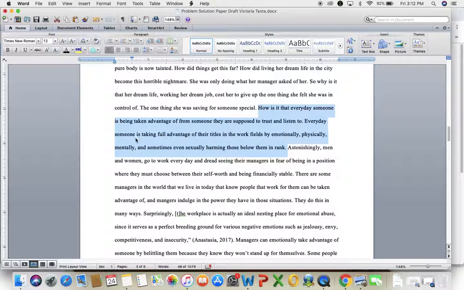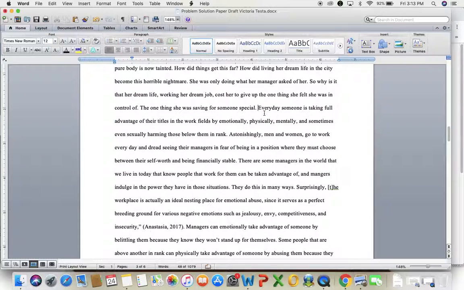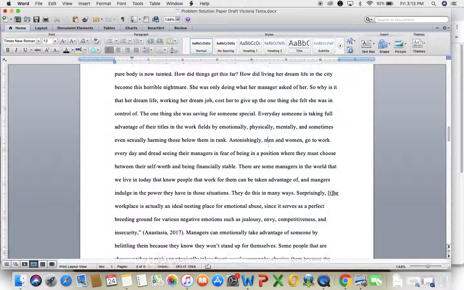And then you have, every day someone is taking full advantage of their titles in the work fields by emotionally, physically, mentally, and sometimes even sexually harming those below them in rank. I think the second sentence is the stronger sentence in terms of the overall meaning, but they are very similar in their ideas.